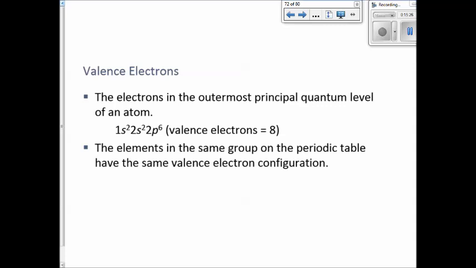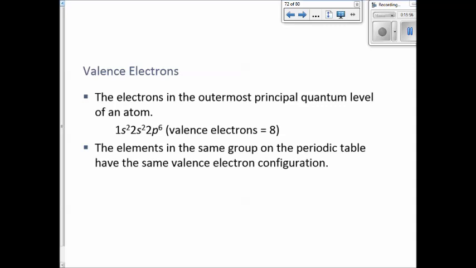I was hoping that you remembered our little strategy from last year where if you're in group 1, how many valence electrons do you have? You're in group 2, you have 2. Remember our tall columns all follow that order. 13 or 3A has 3, and then 14 or 4A has 4, 15 or 5A has 5, and so forth, all the way to 18 or 8A, which have 8 except for helium.